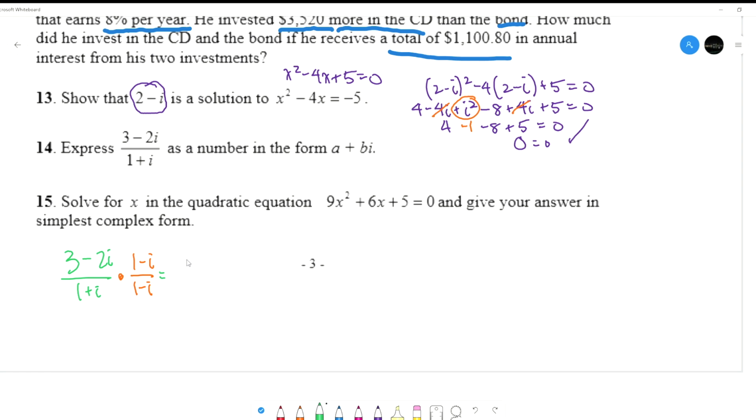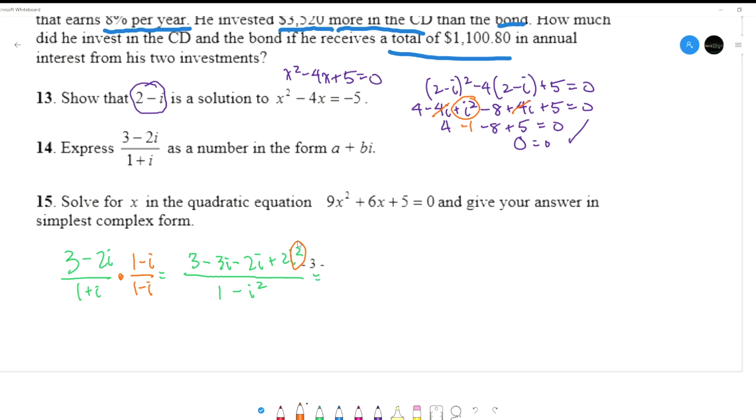So in the numerator, we get 3 minus 3i minus 2i plus 2i squared over 1 minus i squared.